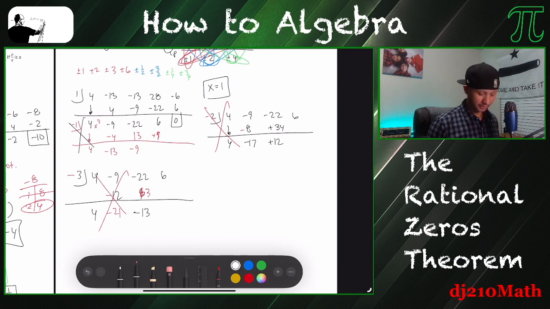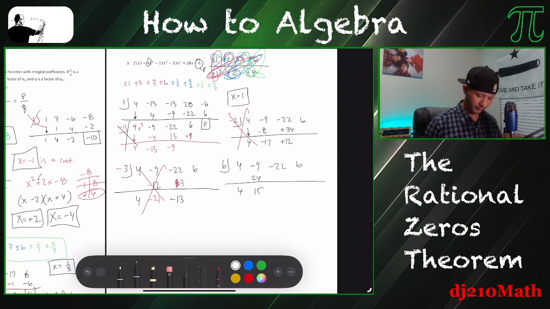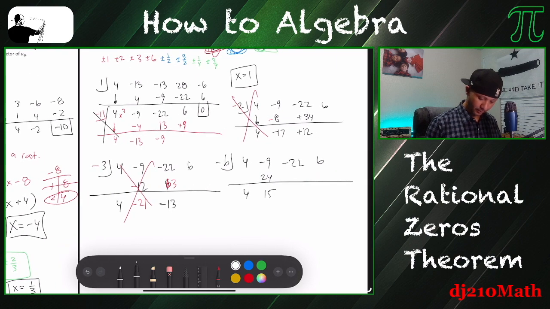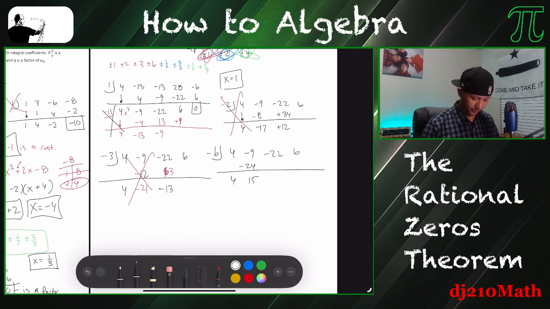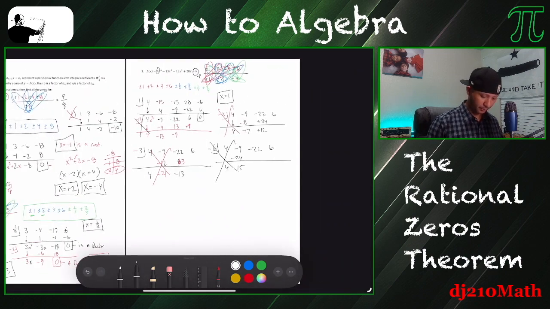But what if 6 works? Let's see. It's not going to work. Right, there's no way. Try negative. That's not going to work either. So negative 6 doesn't work. All right, we're getting there.